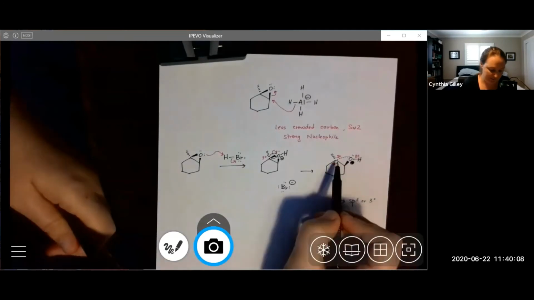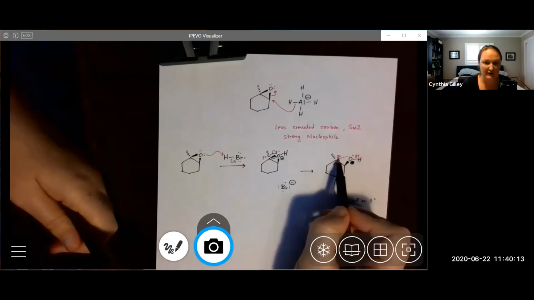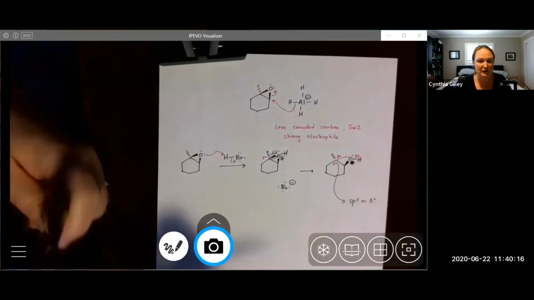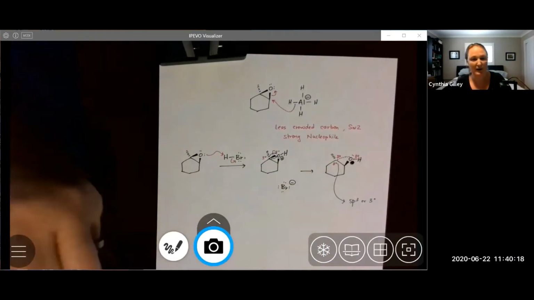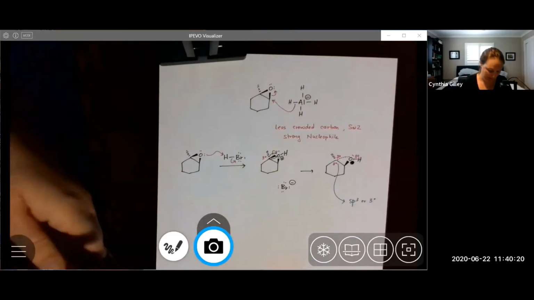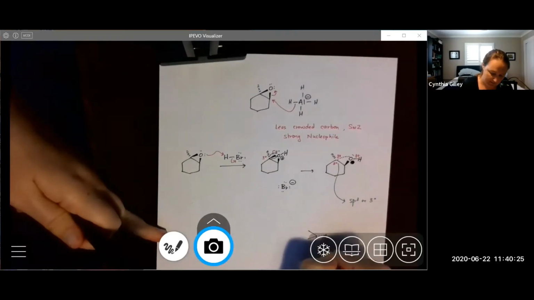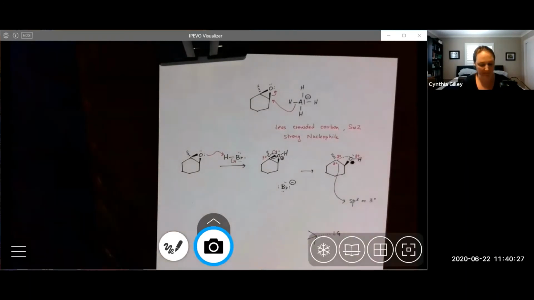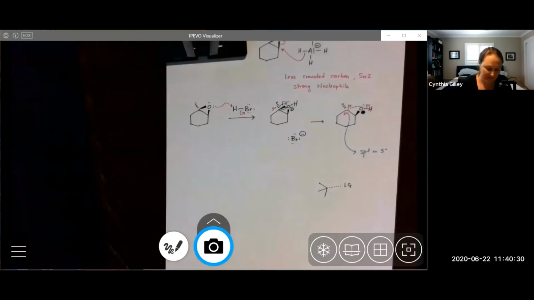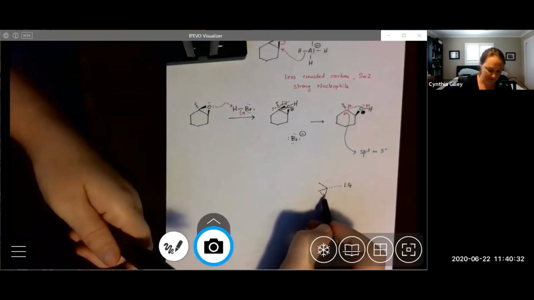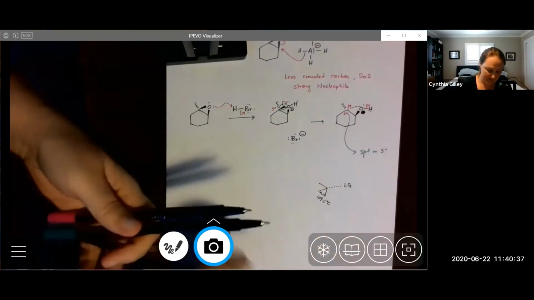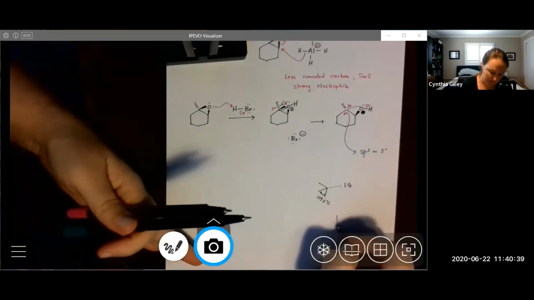Think of it as if it was sp3, there would be a tetrahedron. This group has already started to leave. So one of the groups in the tetrahedron has already started to go. What happens to the other groups when that happens? Right? So we have a little tetrahedron. As the leaving group leaves, what's going to happen to these? Is the angle still going to be 109? No, right? As that leaves, it starts to get into the best angle it possibly can, which is 120.